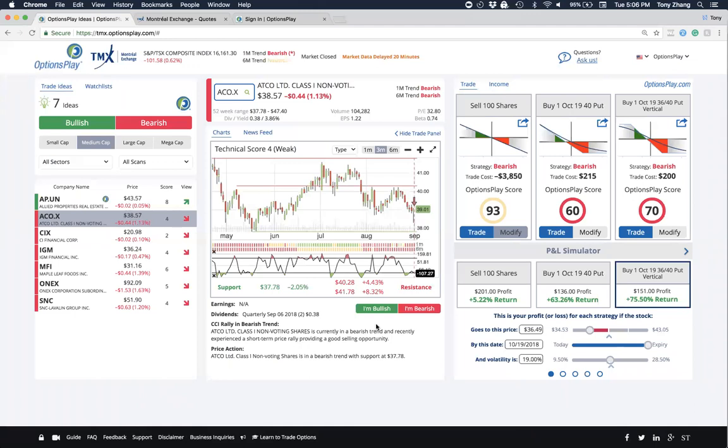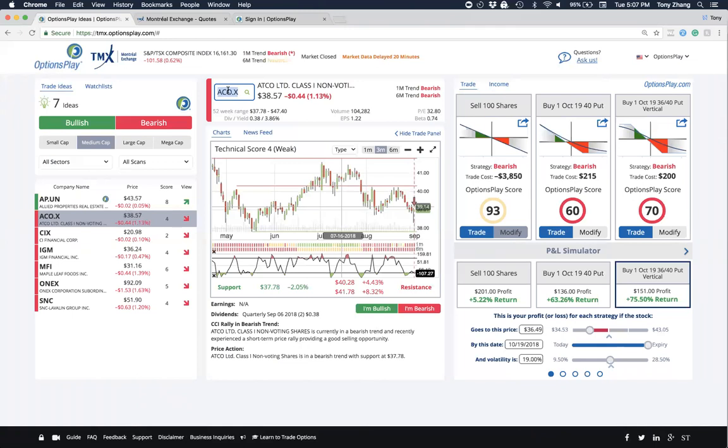There's a question here of how can I use this platform to roll out of a call option, roll up a call option, or both? The way I view a roll, and for those of you that don't know what a roll is, is simply when you're closing an existing option position and opening up a new one, either a further dated expiration or a higher or lower strike.